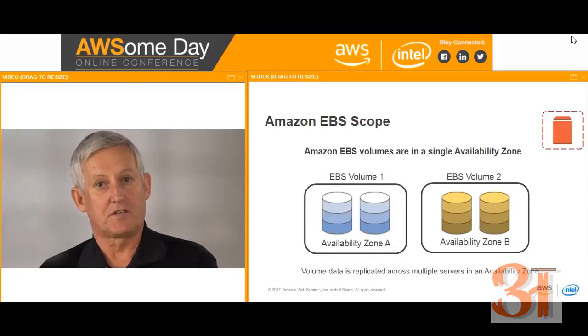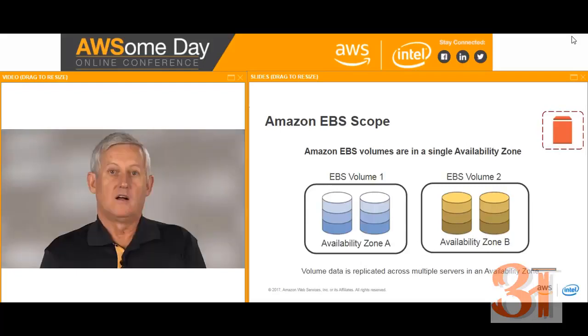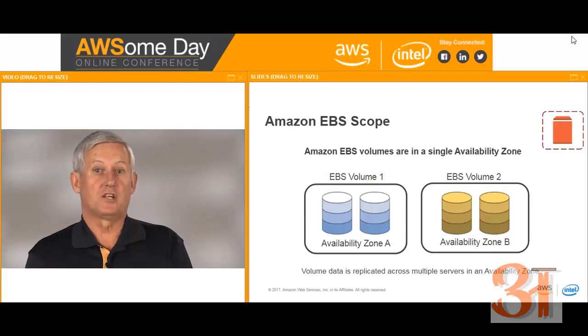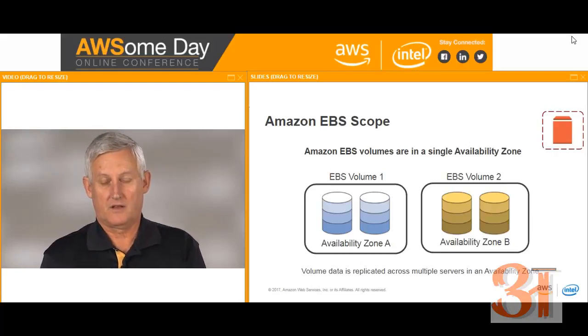Amazon EBS volumes are designed to be highly available and reliable. EBS volume data is replicated across duplicate storage systems within a single availability zone that you select when you create an EBS volume. This replication prevents the loss of data from the failure of any single component.